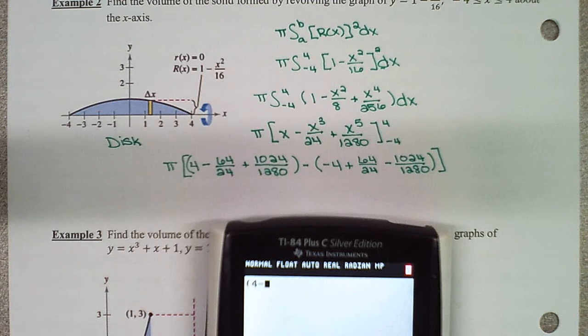So I've got 4 minus 64 over 24 plus 1024 over 1280 minus a -4 plus 64 over 24 minus 1024 over 1280.